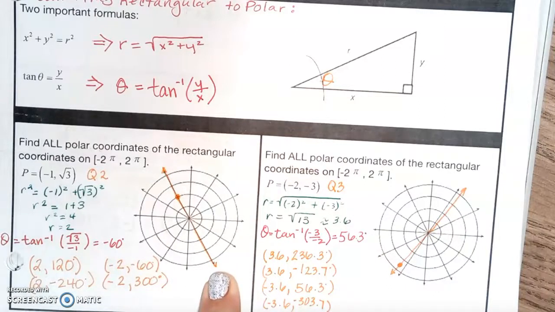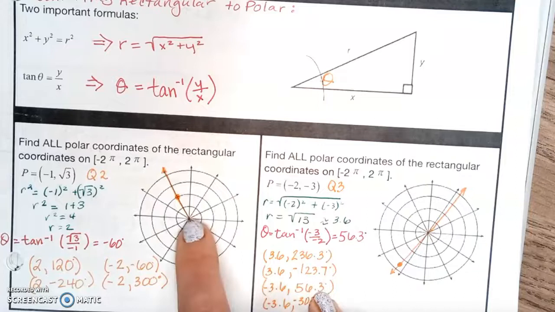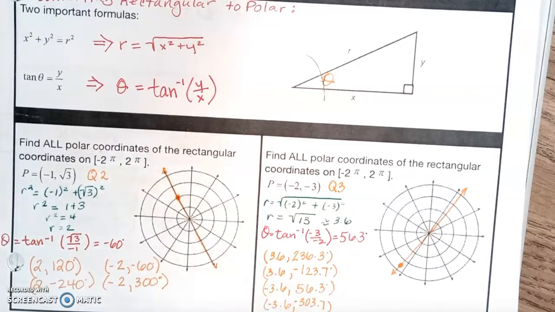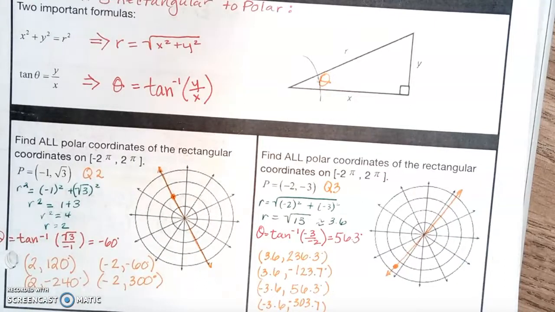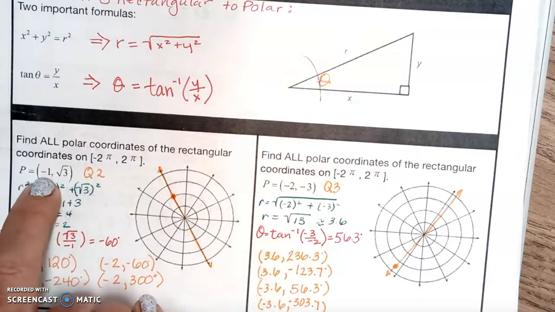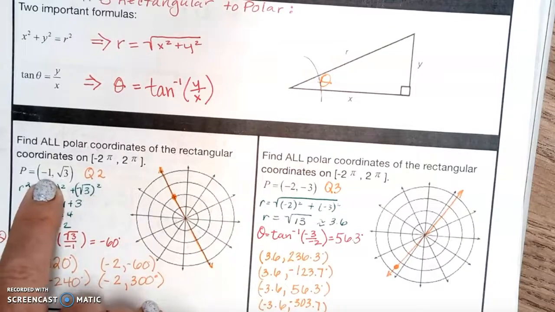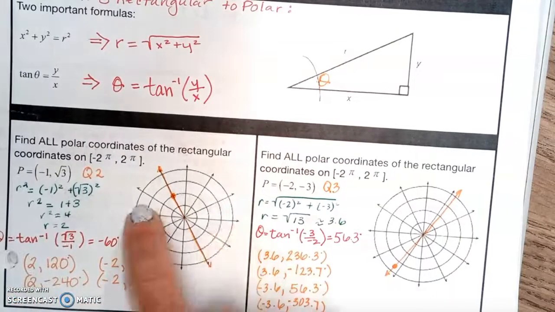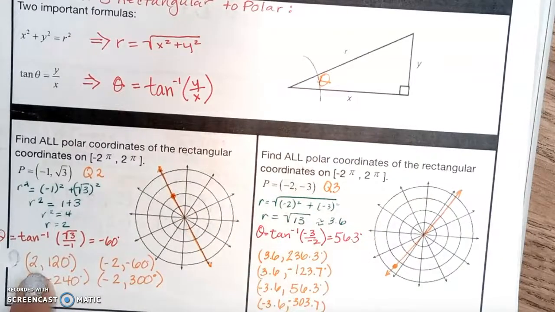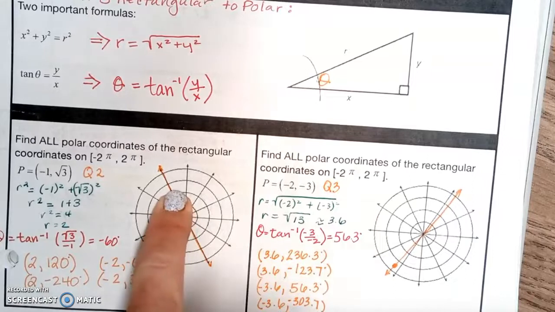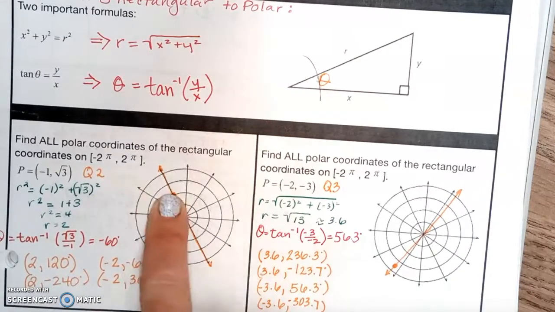But our r was positive. Let me think about that for a second. And that's why I wrote that. We have to look at what quadrant it's in, the original point. So if it's negative 1, rad 3, that's going to put it in quadrant 2 over here. So that's how I knew it had to be 2 and then positive 120.